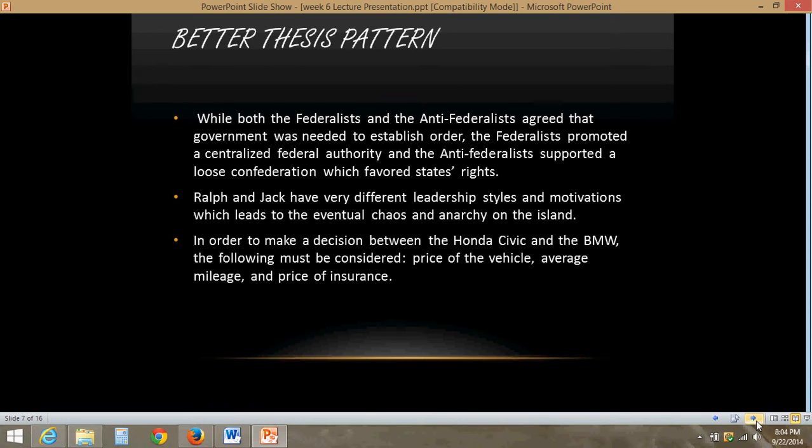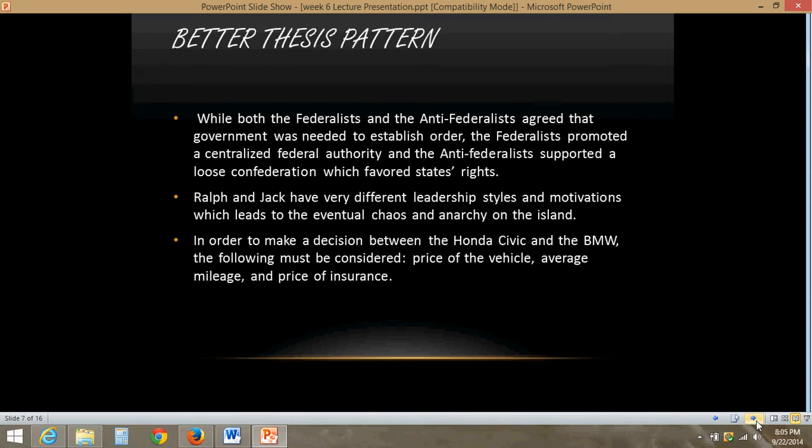Another one, in order to make a decision between Honda Civic and the BMW, the following must be considered: price of the vehicle, average mileage, and price of insurance. So this goes back to that graphic organizer we saw at the beginning. We have a clear understanding of the topics, which are Honda Civic and BMW. They are being compared, and there's a purpose for it.